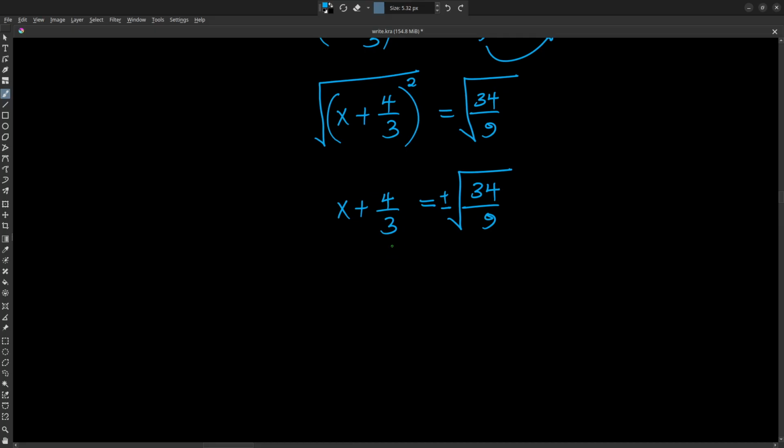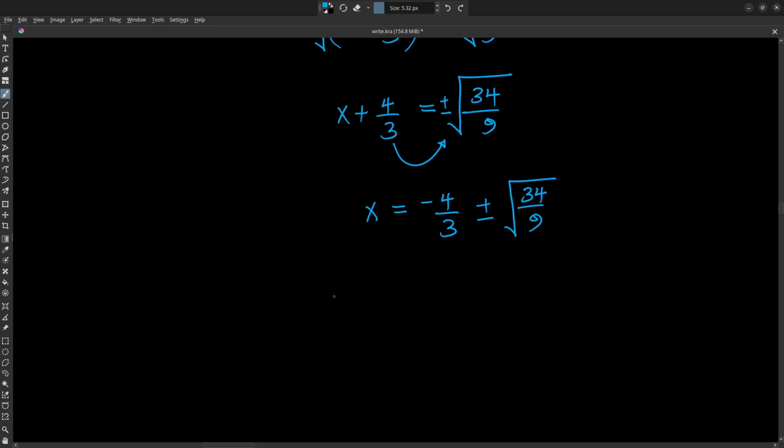Then to find the value of x, we are going to take this 4 out of 3 to the other side. So on the left, we remain with x is equal to, when the 4 out of 3 goes to the right, it becomes negative. So minus 4 out of 3, and then plus or minus the square root of 34 out of 9.